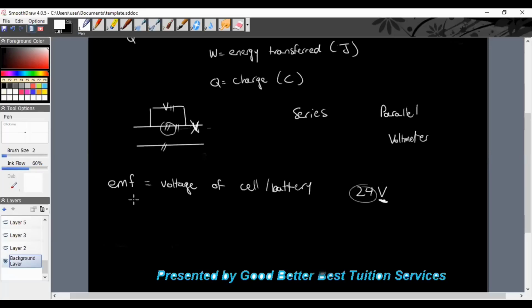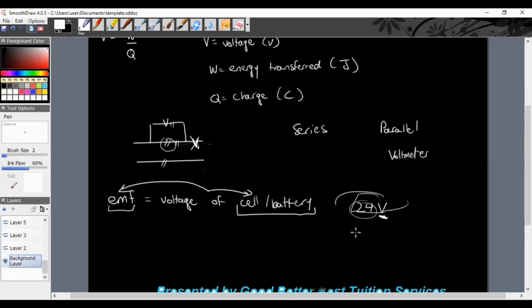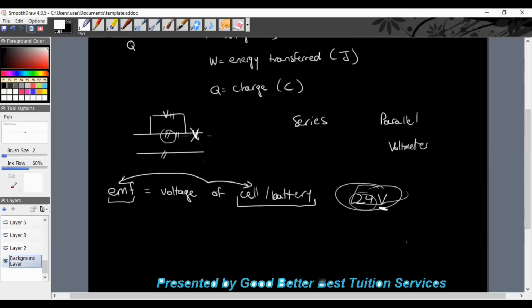So the EMF will be prescribed to the battery, so they work hand in hand with each other. You see EMF and cell, EMF and battery, but they're still measured in the same thing. Does that make sense? Yes, it does. Thanks. Lovely.